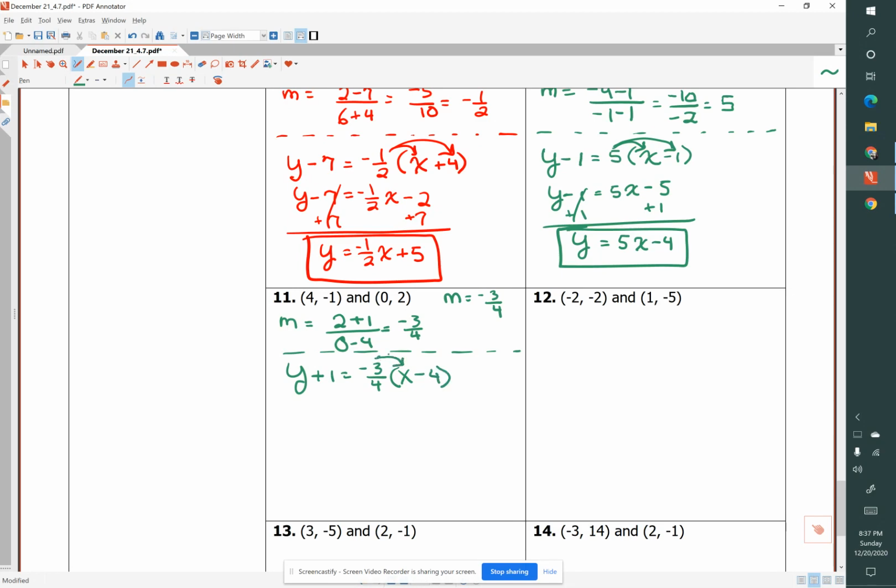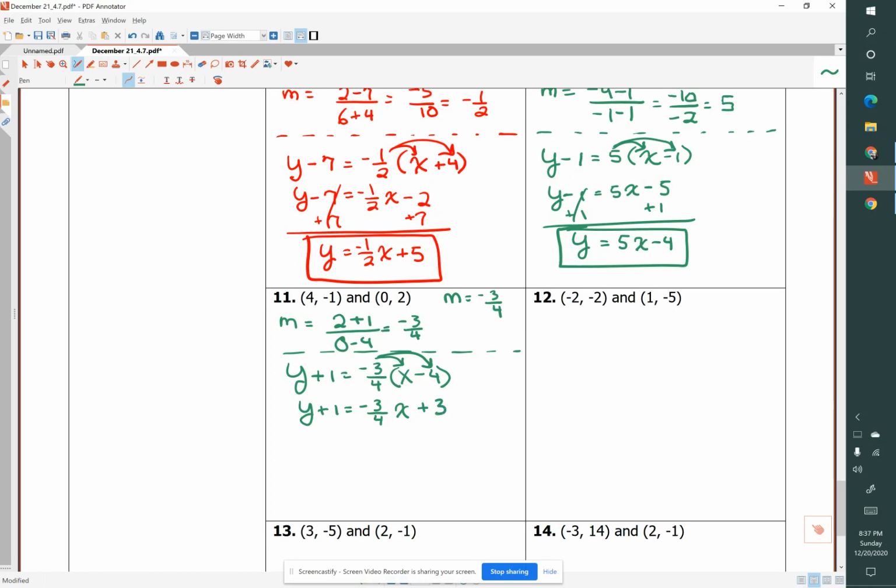And we distribute. Y plus 1 equals negative 3/4 x plus 2. Negative 3/4 of 4 is plus 3, not plus 2. I knew something wasn't right.